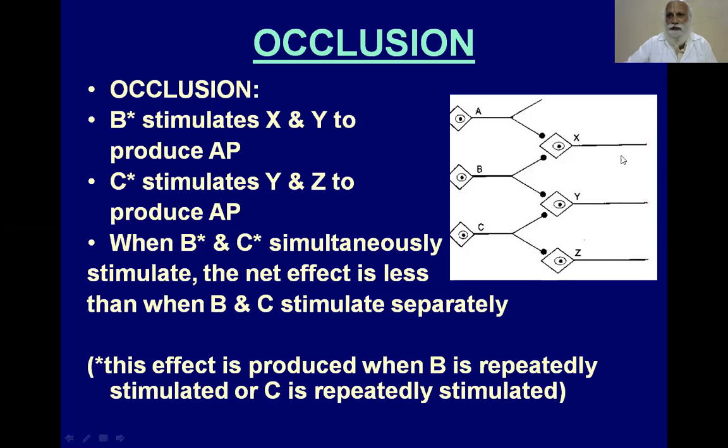Then X will show action potential, Y will show action potential. How many neurons? 2 neurons are showing action potential. C, similar repeated stimulation can cause action potential to Y and then action potential to Z. So again, 2 neurons here also. But then if you do that simultaneously, you only get the response in 3, not 4. So part of the effect is occluded. Instead of 4 neurons, you are getting only 3 neurons.